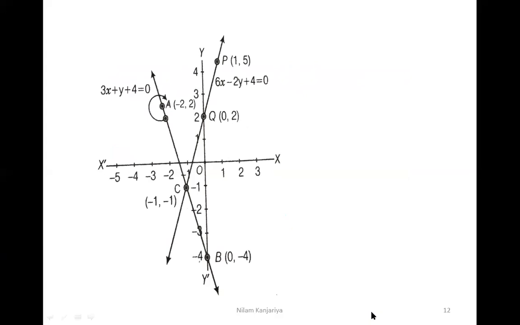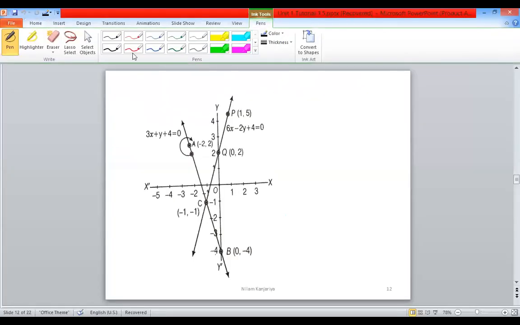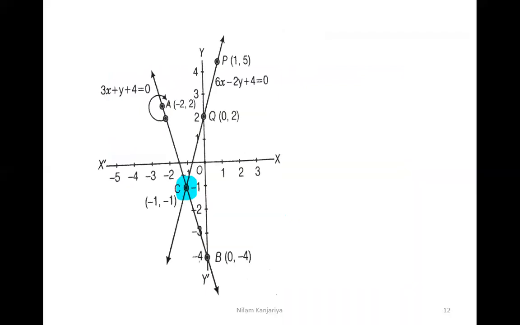This is your exact point. This is your intersecting point. And this is minus 1 and minus 1. When you draw the graph, you got this point.